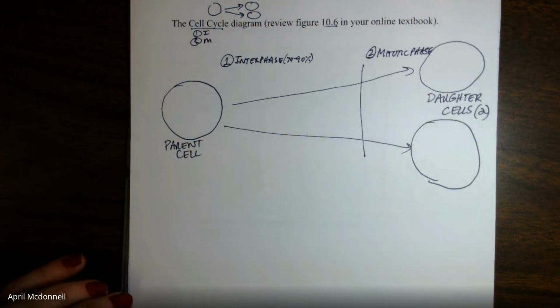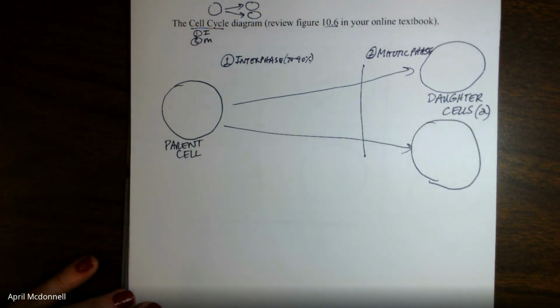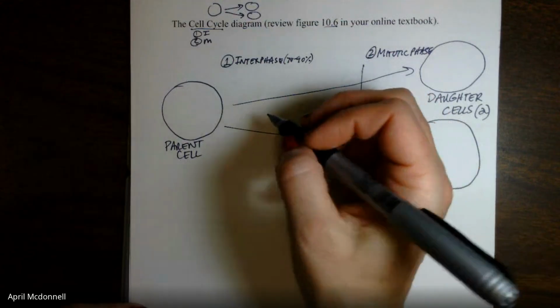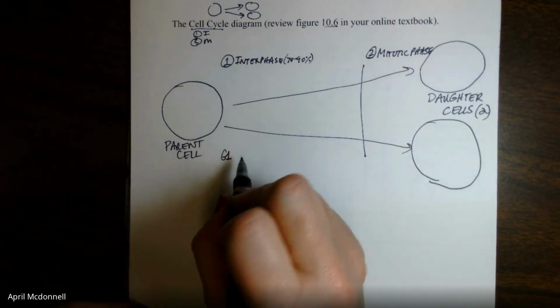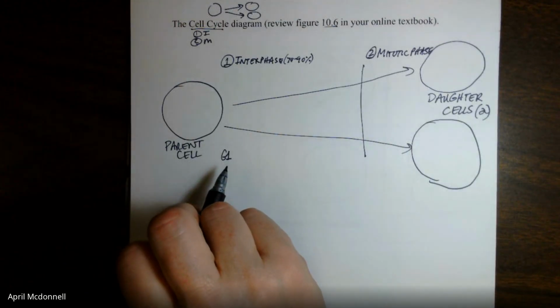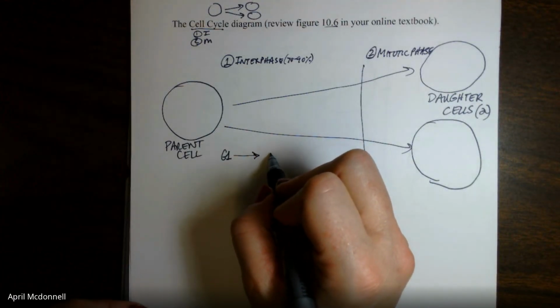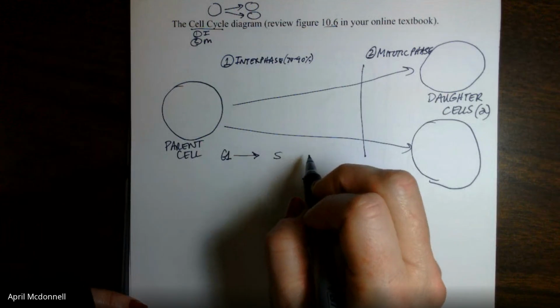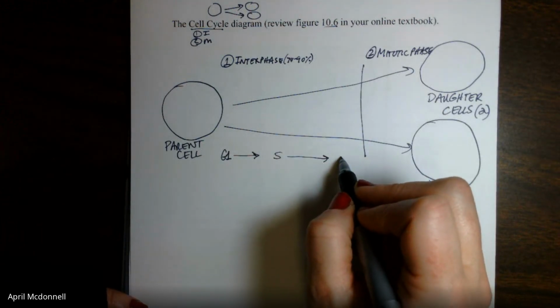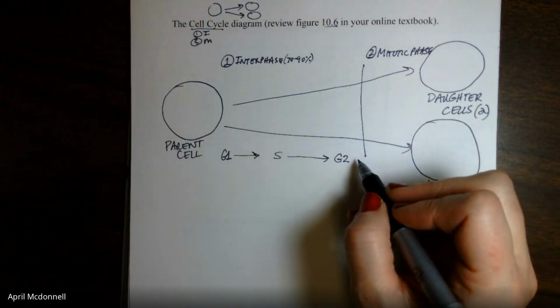So let's go ahead and recall that interphase is made of 3 subphases. If you need a moment to look back, then please look back in our notes. But the first portion of interphase is called G1. Okay, G1 consists of when the cell is growing and acquiring nutrients. The cell will then continue into the next subphase called S. And the cell will continue into the next subphase called G2, where the cell will continue growing and checking DNA for accidents.